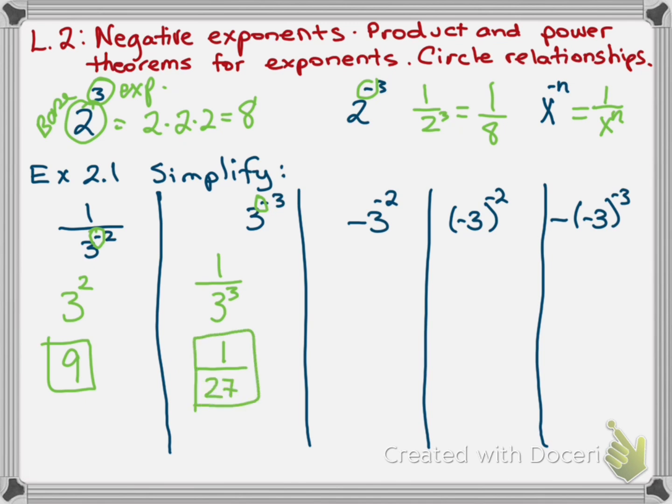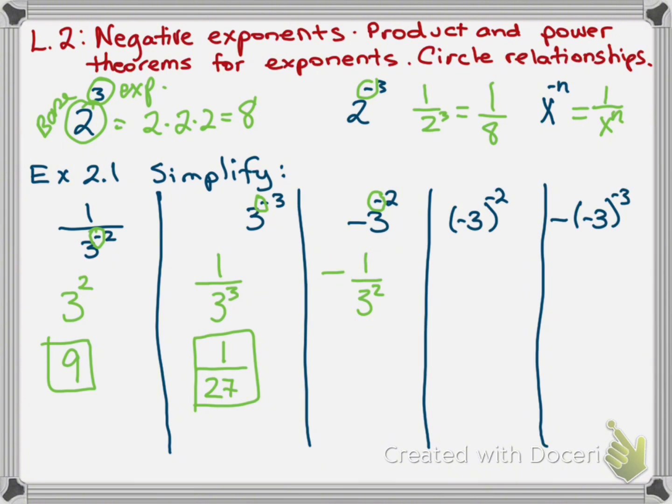The next one has a negative in front of the number and also a negative in the exponent. And again, I'm going to start with that one. So I'm going to put the reciprocal of 3, which is negative 1/3, with the 2 here. Positive because we already used the negative. Now notice, the negative sign, this one, stays there until the end.